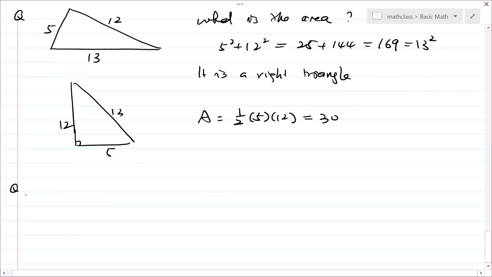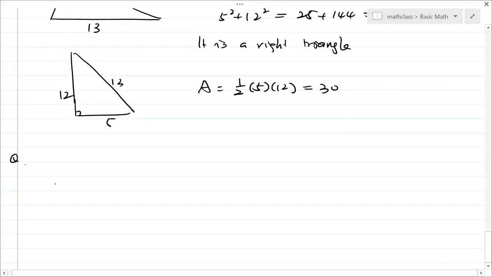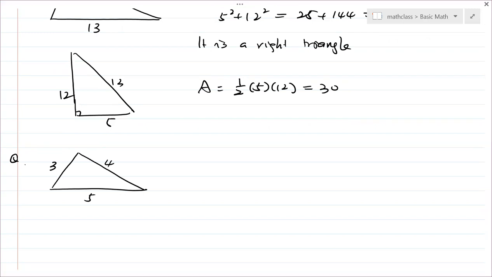Now, if I give you this triangle, everybody knows this is a right triangle, right? So 3, 4, and 5. Yeah, this must be a right triangle. No problem. What I'm going to do is draw the line, because some students are very curious.